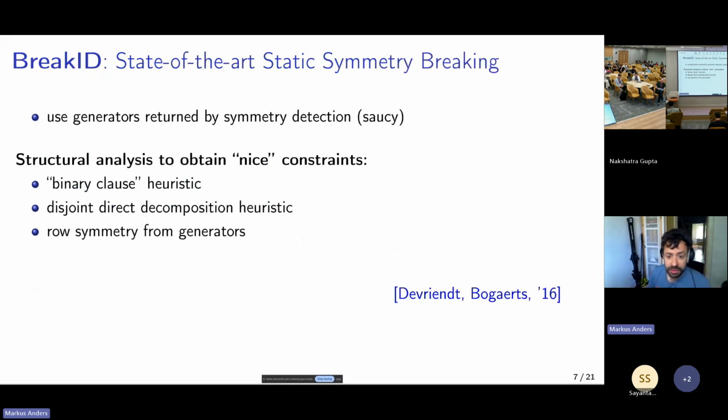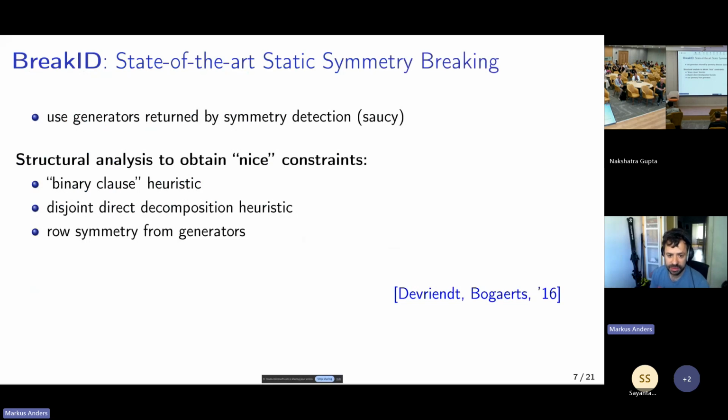So that gives you some set of generators. And for these generators, then these Lex leader constraints are produced. And on top of that, there's also more heuristics that try to obtain nice elements or nice constraints. And I'm not going to dive into this. And I want to now get to our new tool, which is Satsuma.